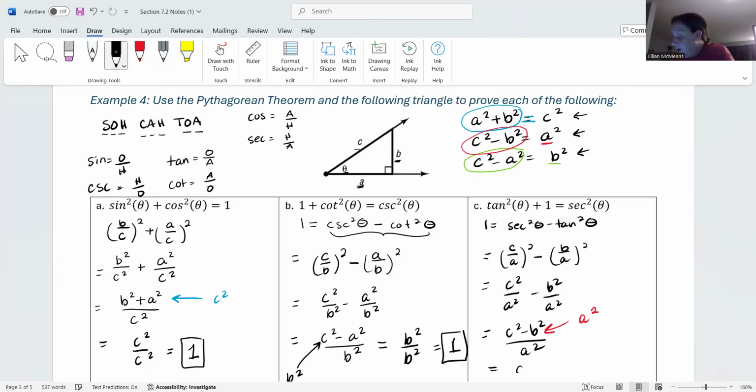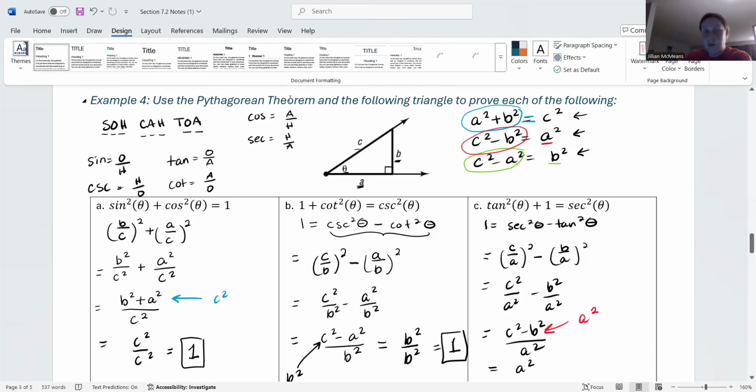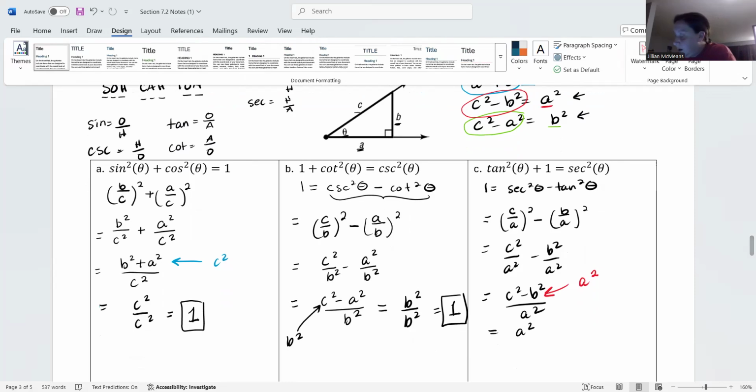Let me scroll down just a smidge so I have a little room. We have a squared over a squared, which is 1. So just by understanding a right triangle, understanding these ratios, we've been able to prove, using the Pythagorean theorem, that these Pythagorean identities are absolutely valid.